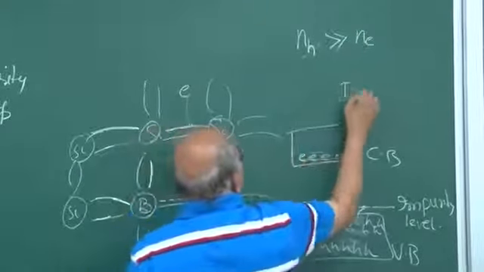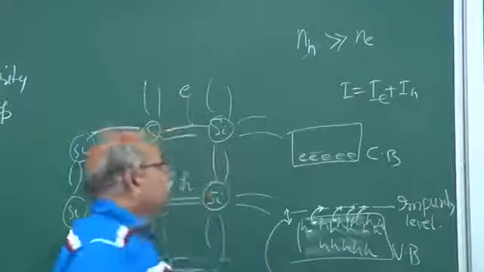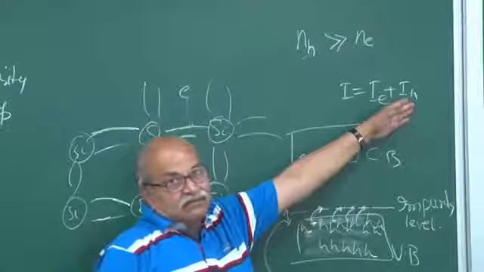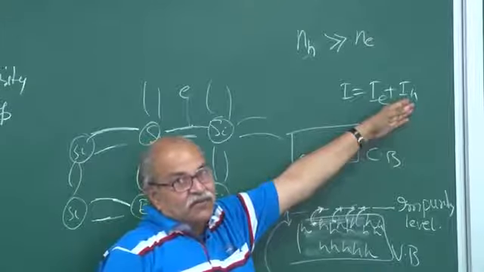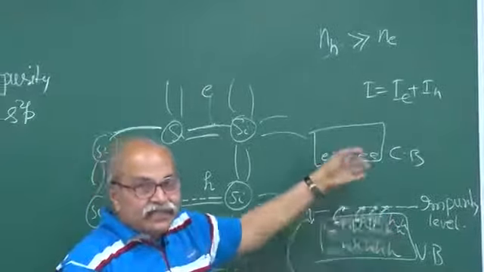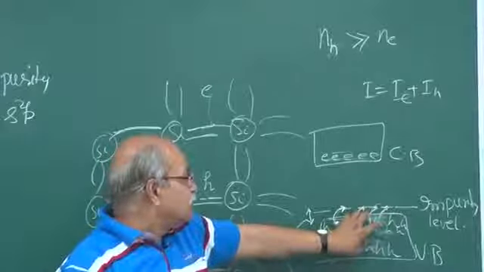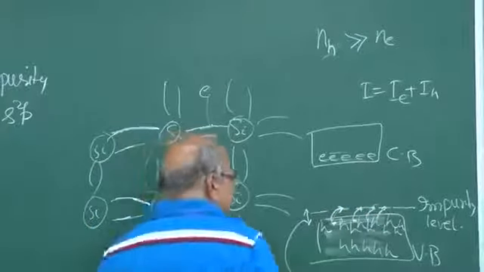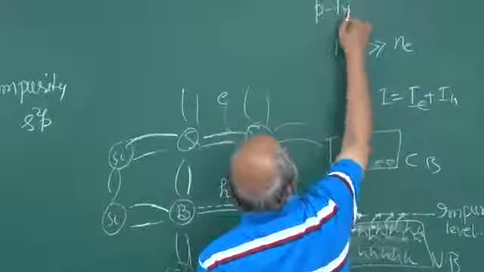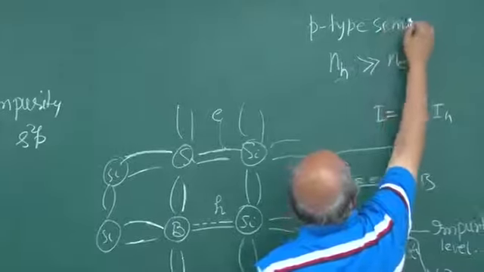So in current, I equals IE plus IH, most of the contribution comes from holes, because the number of holes is much larger, and holes are like positive charge carriers. Therefore these types of semiconductors are known as p-type semiconductors, positive type.